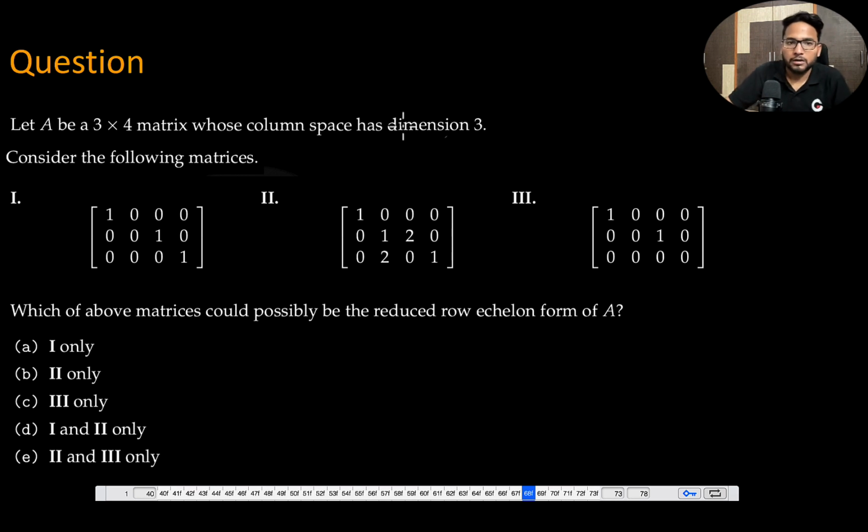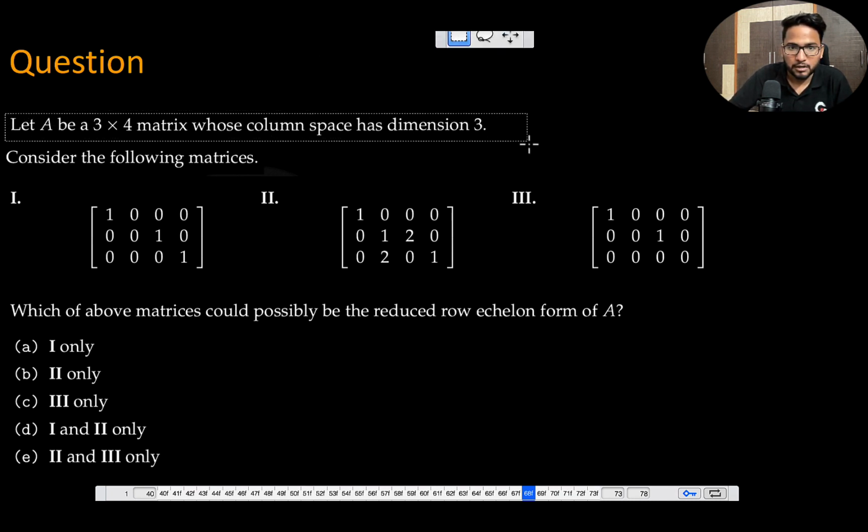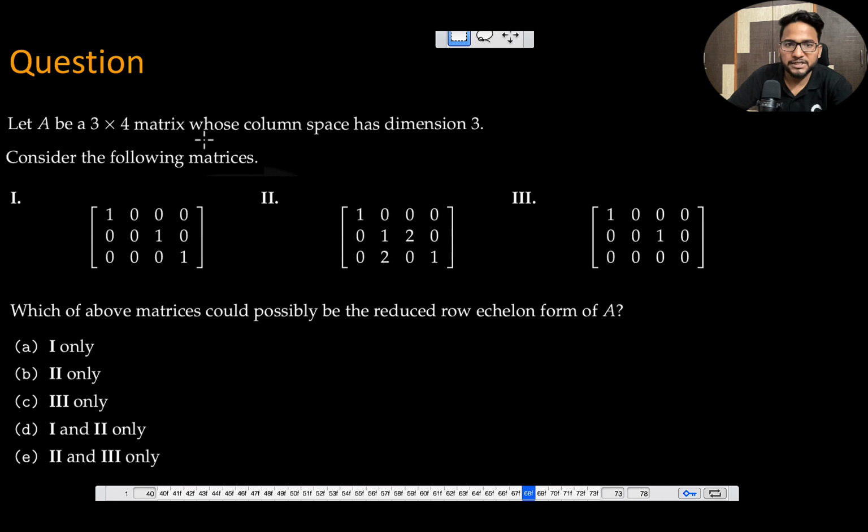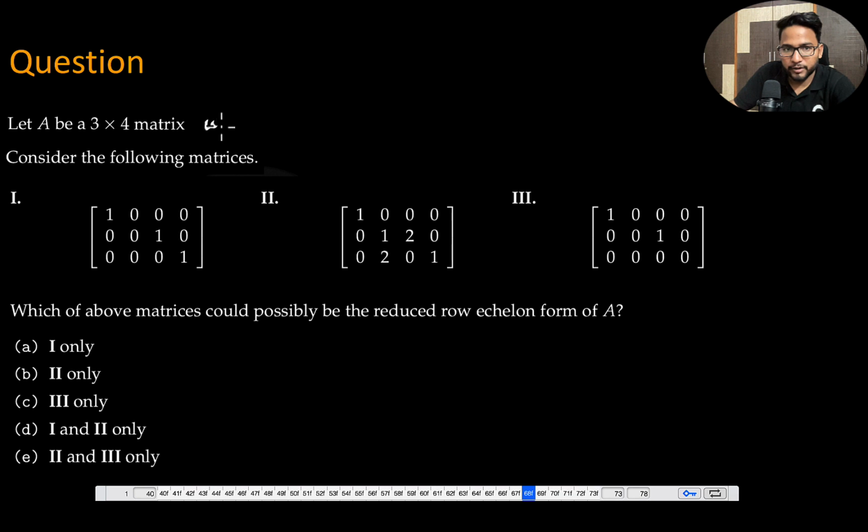Cool. Now let's solve this question. Let A be the 3 by 4 matrix whose column space... Let's not worry about these things. Let me write it in other words: A has 3 pivot columns.